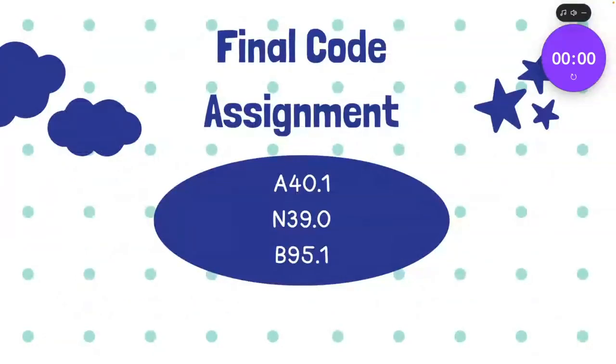Then you have N39.0, which is our code for the urinary tract infection. And then B95.1 for the streptococcus to go with the UTI.